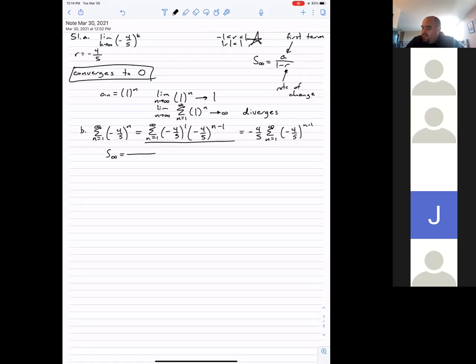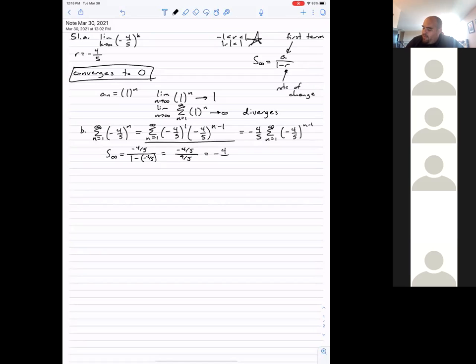So my first term in the sequence is going to be what? Negative 4 over 5. Negative 4 over 5 over 1 minus, what's the rate? Negative 4 over 5. So I get negative 4 over 5 divided by 9 over 5.